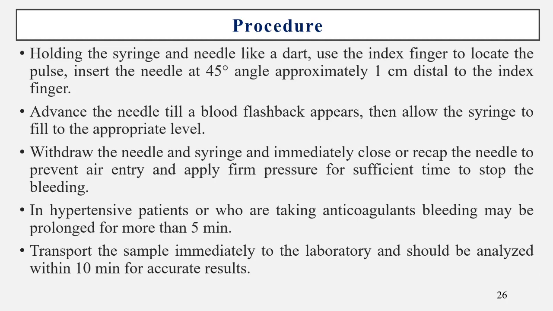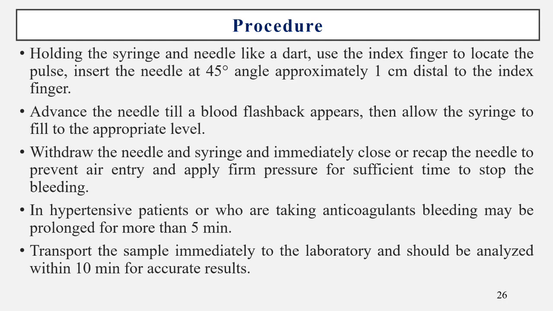Next, coming to the procedure. Holding the syringe and needle like a dart, use the index finger to locate the pulse and insert the needle at a 45 degree angle, approximately 1 centimeter distal to the index finger.